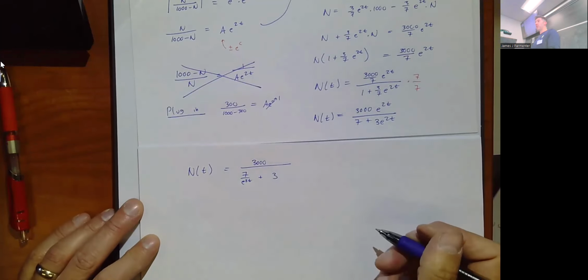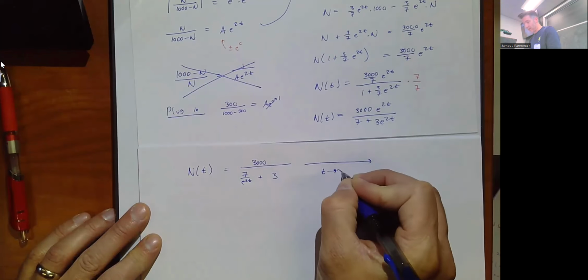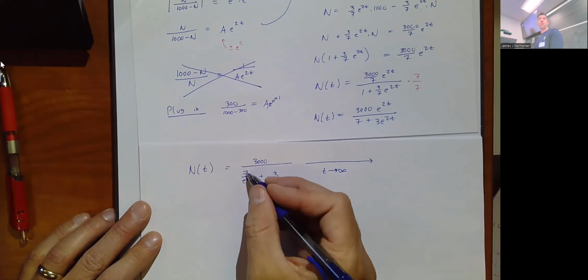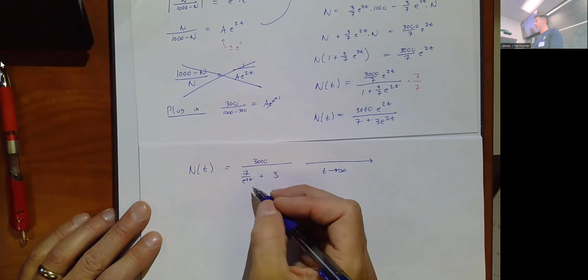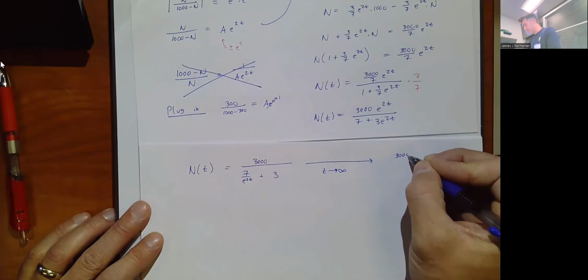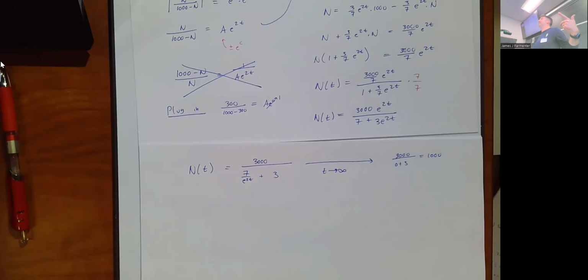Because then it's more clear that as t goes to infinity, this part is going to go to 0, because you've got 7 divided by something that's getting infinitely large. And then you're going to get 3,000 over 0 plus 3, which is 1,000, which it should be because 1,000 was the stable equilibrium. So no matter what you start at, if you let time go to infinity and you've only got one stable equilibrium, you should be getting closer and closer to that stable equilibrium.